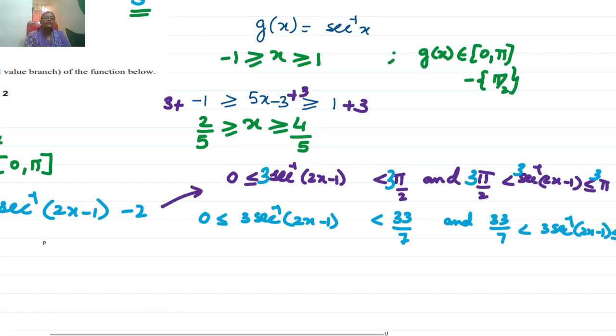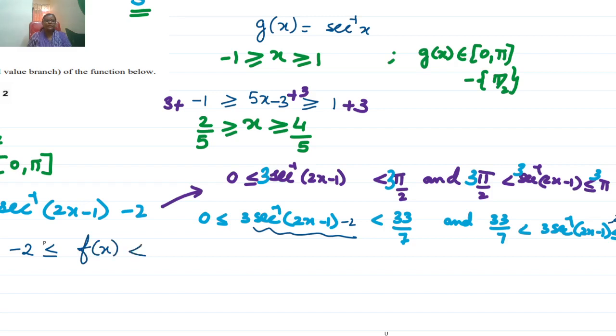Let us now bring it to this step here. What we require is minus 2. So take minus 2 again on all the sides. A minus 2 here will make this a function. So let me write it short. This is less than 33 on 7. Just see the number of steps that is required to explain this answer.